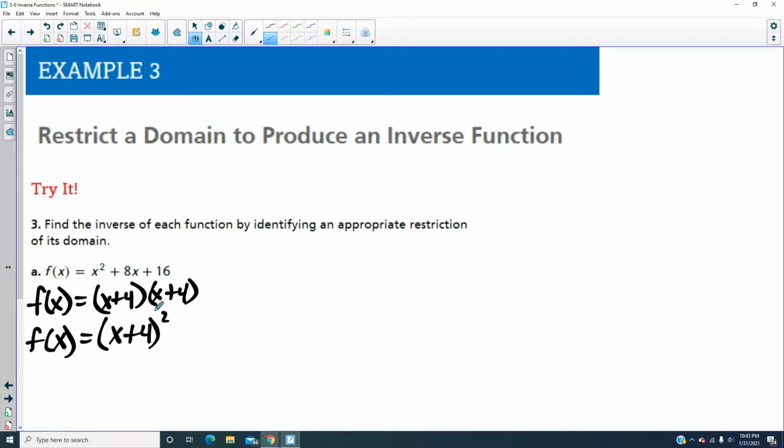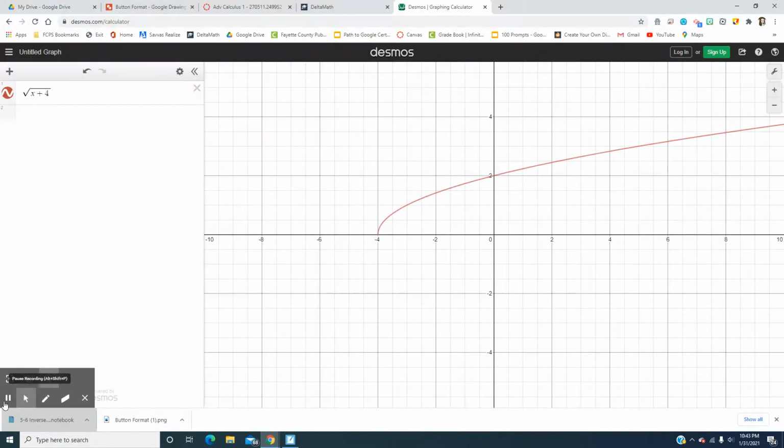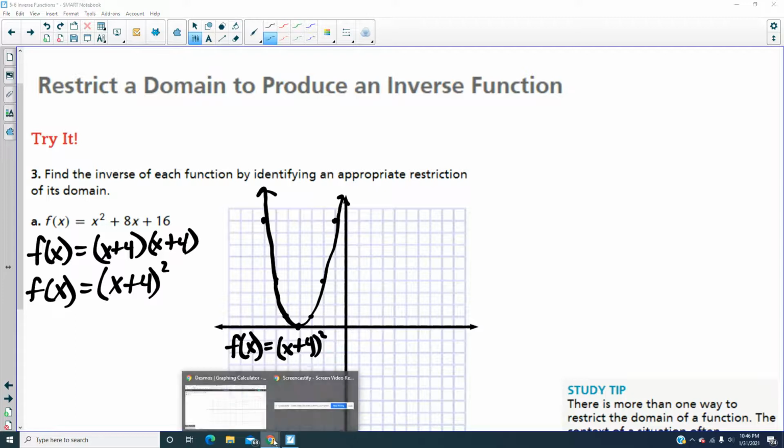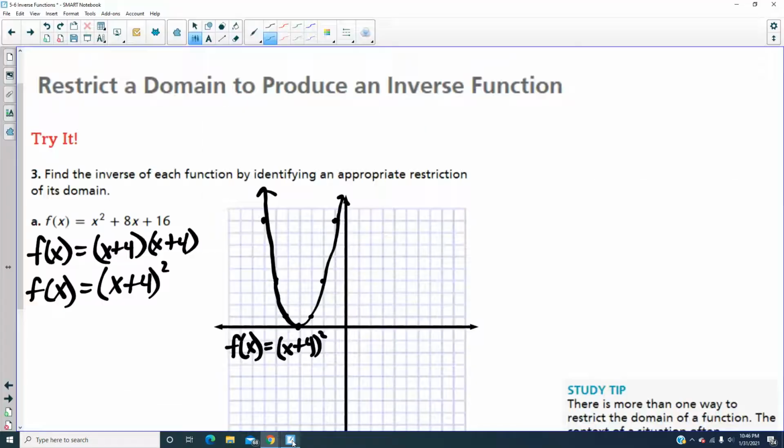Okay, so let me sketch the graph of that function. If I look at the graph of f of x equals x plus 4 squared, and if I draw a horizontal line through it, the horizontal line would hit the graph twice. That would mean the inverse would not be a function.